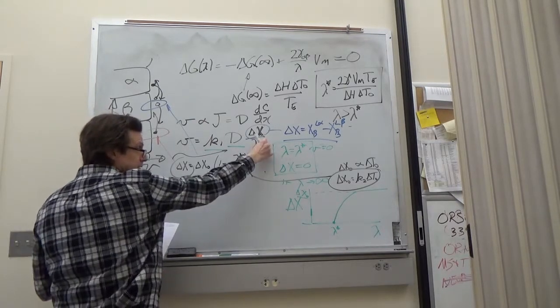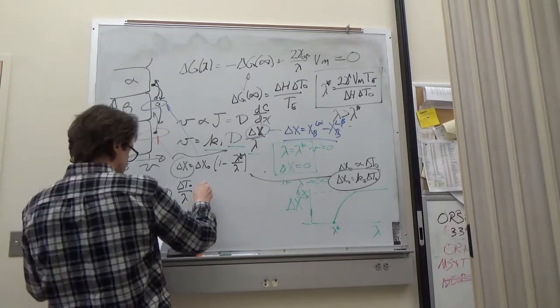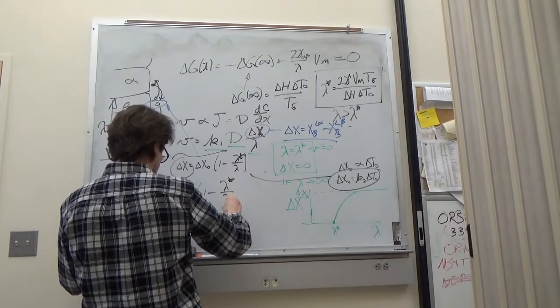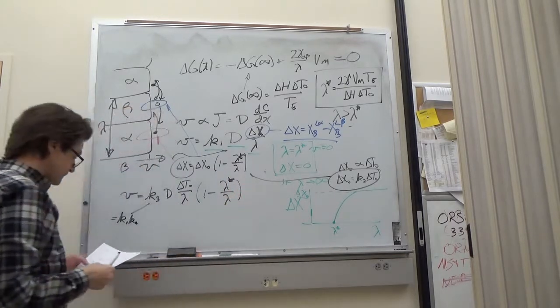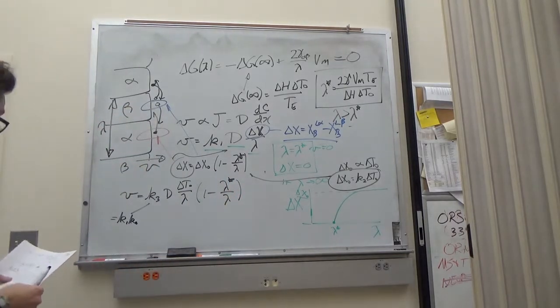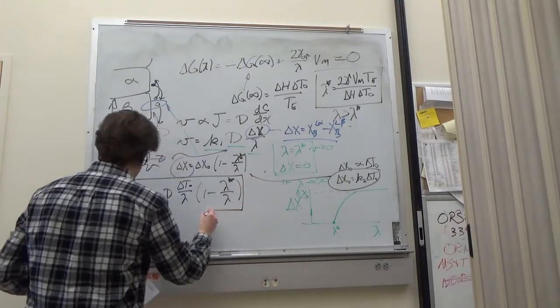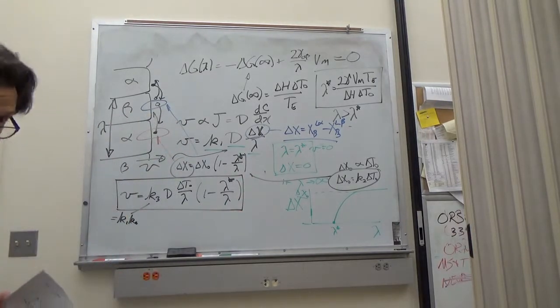So that's delta x divided by lambda, times 1 minus lambda star over lambda. And this is our expression for the velocity.